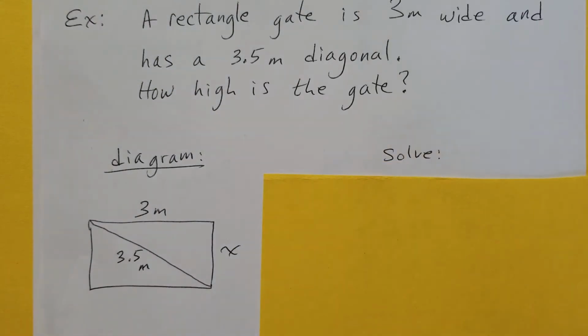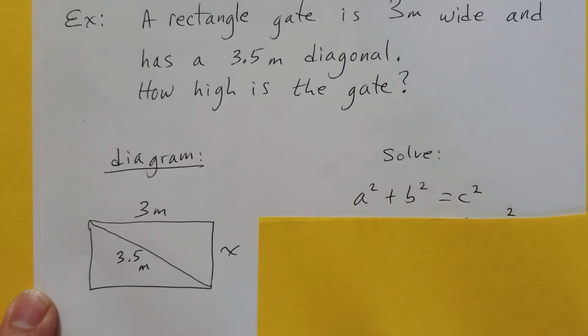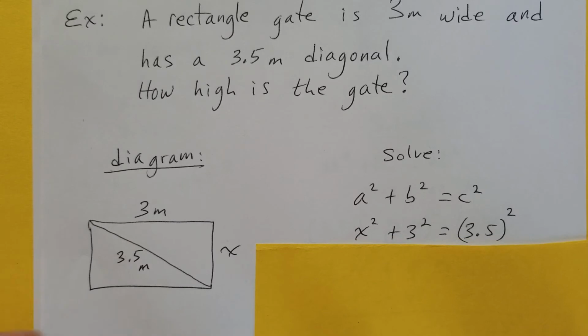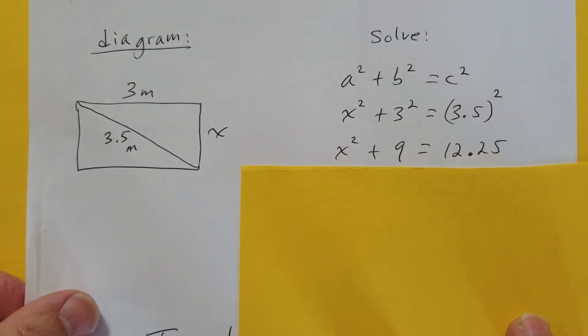You're supposed to realize, oh yeah, this is just a simple right triangle problem. Missing a side, missing a leg, to be precise. So we use our Pythagorean theorem, plug in the numbers, and keep going.